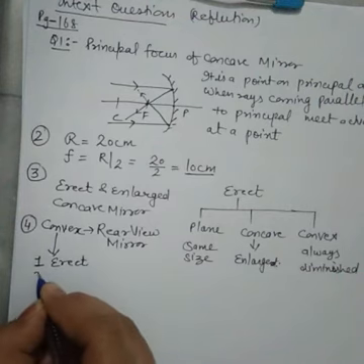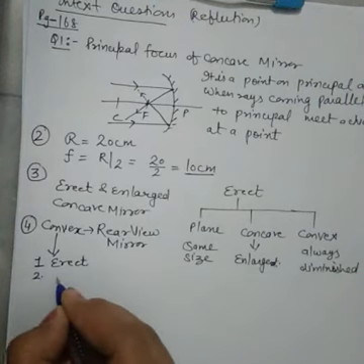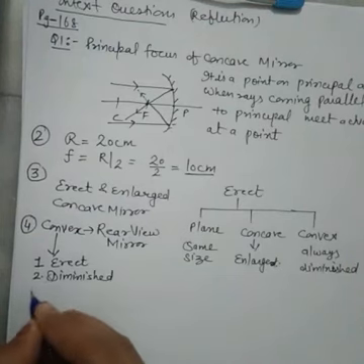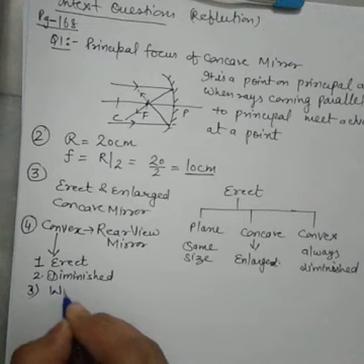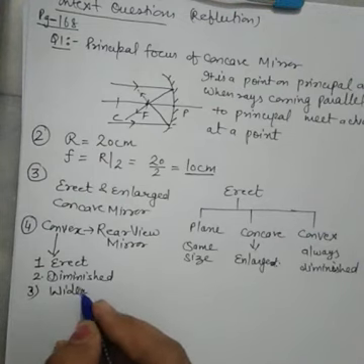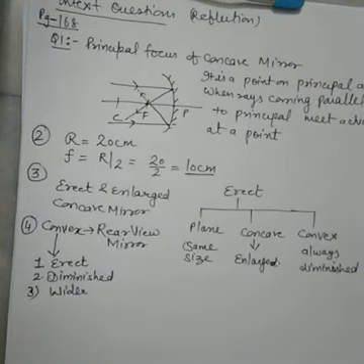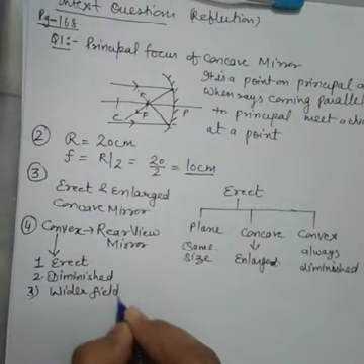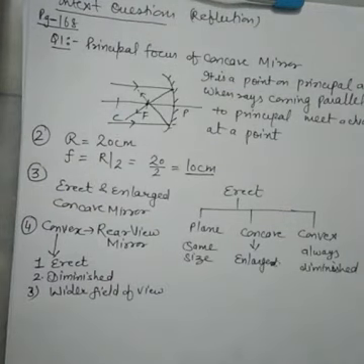It means the vehicle behind us appears erect, diminished, small in size. Due to small size, there is a wider field of view. The vehicles which are too far from our vehicle are visible to us. So erect, diminished and wider field of view, these properties can be obtained by convex mirror. That's why we use this.